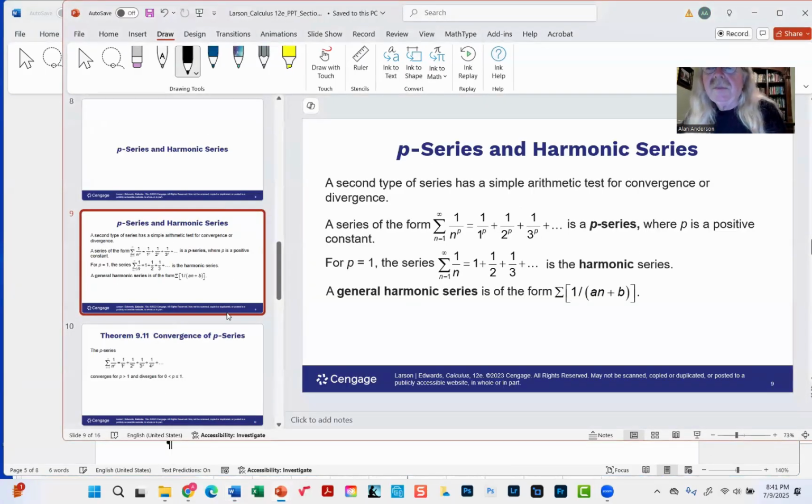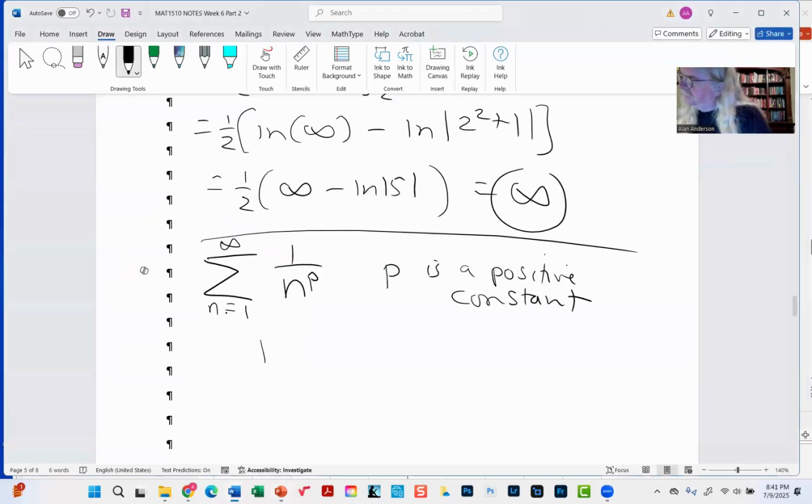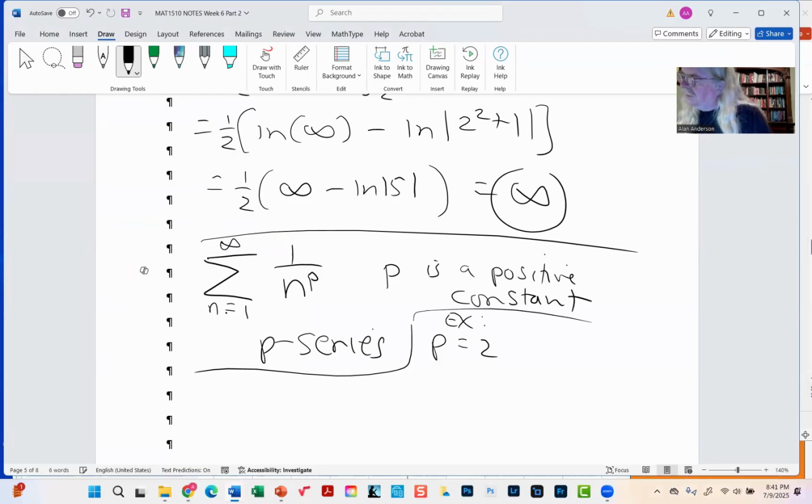Okay, it's said to be a p-series. So in other words, you're looking at something like this. Let's let p equal 2. Then you're going to have 1 over 1 squared plus 1 over 2 squared.